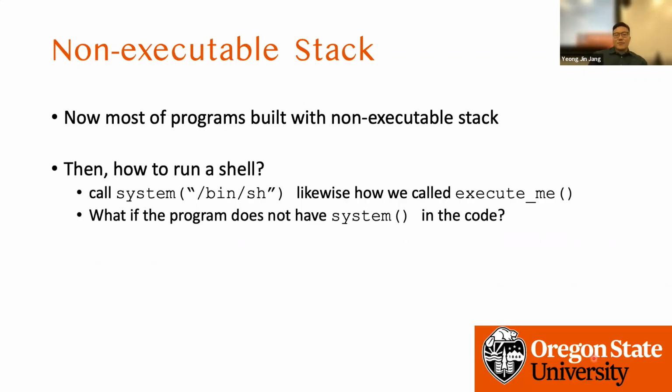Now most programs are built with a non-executable stack because that's the default option for the compiler. I intentionally needed to use the -z execstack compilation option to enable it. Then your question might be, in that case, how can we run system or execve, that kind of system call? No program will have that kind of function, or a get-shell function.